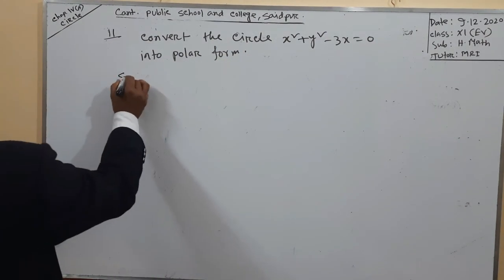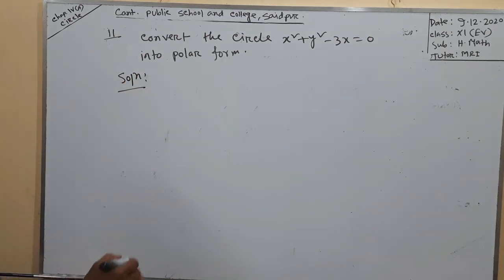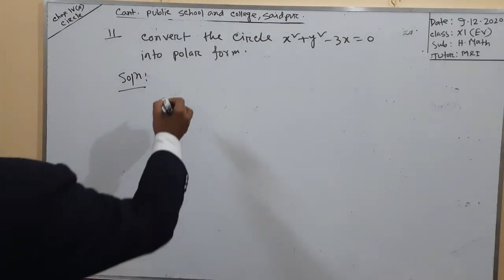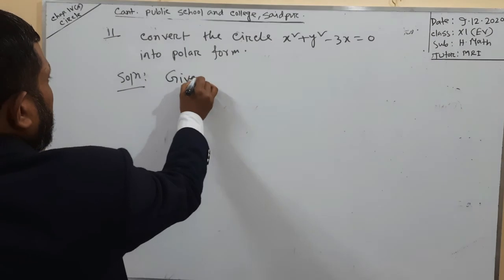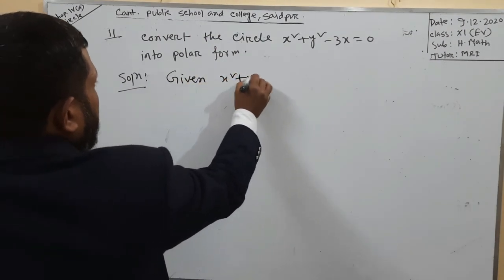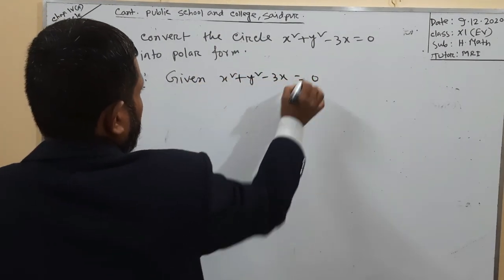Okay, I am writing here, given x square plus y square minus 3x is equal to 0.